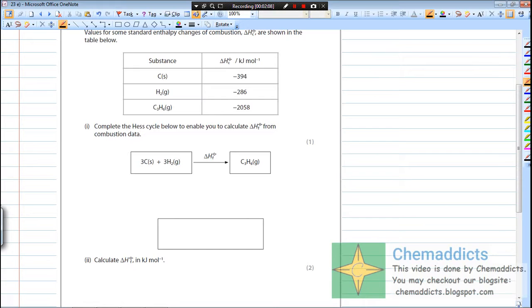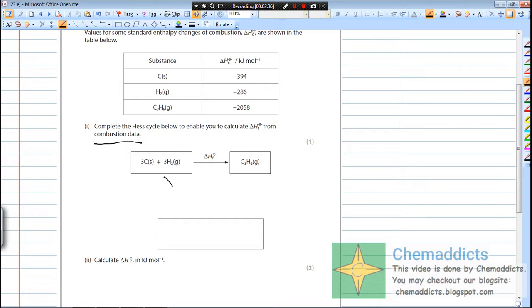Now they want us to complete this diagram, so we will take the help of this data. Since all of them are combustion enthalpies, the other arrows should involve the combustion enthalpy of substances.